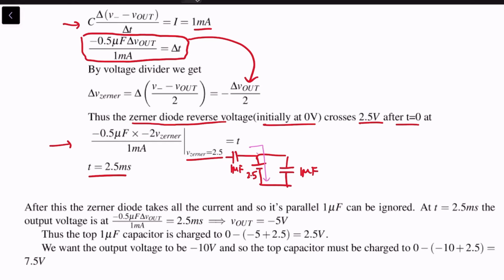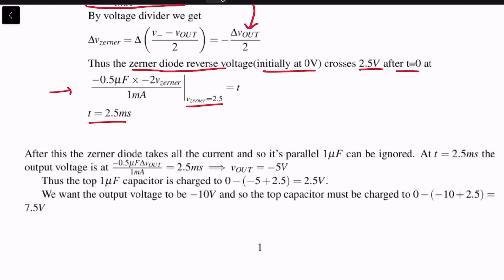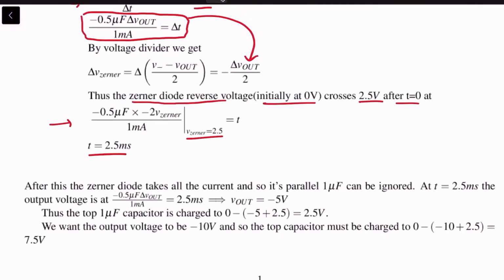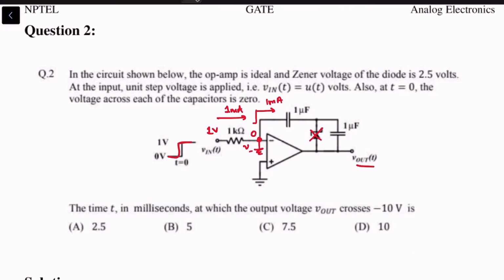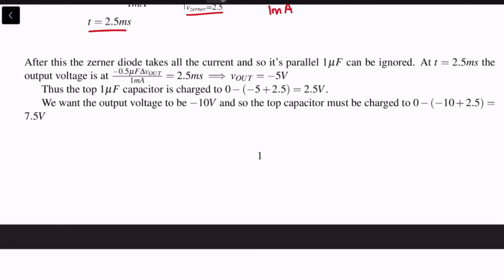So you can just ignore the other capacitor, but the current that flows is still 1 milliamp. Now we need to find out how much time it will take for the output to cross minus 10 volt.